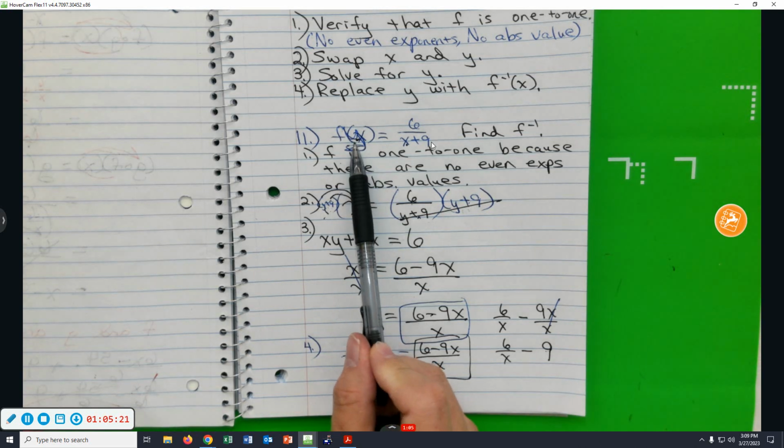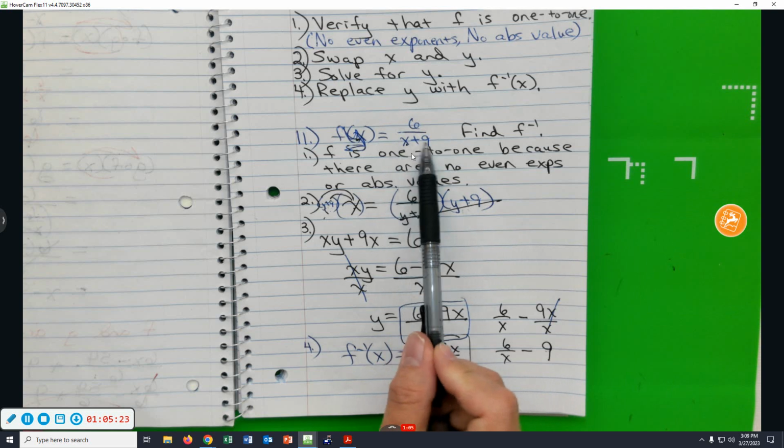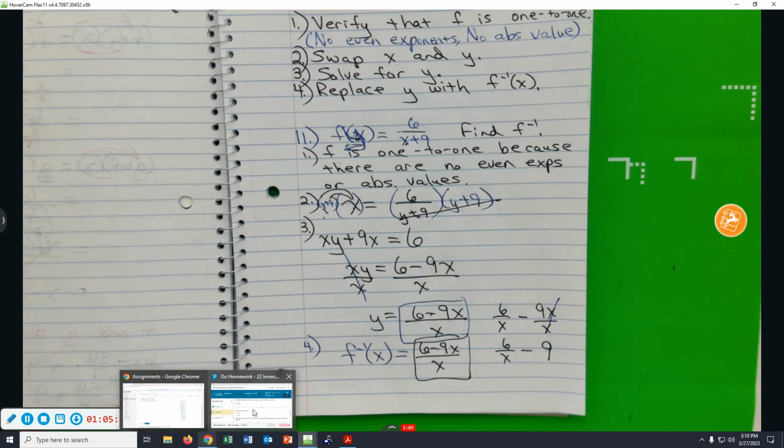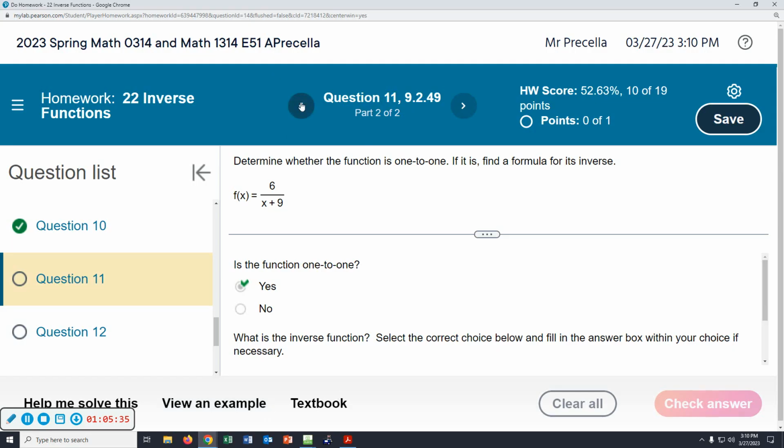Look at that number 11. The function f of x was 6 over x plus 9. And the inverse became 6 over x minus 9. Is this a bizarre coincidence? Is it just a coincidence that those numbers are so similar?